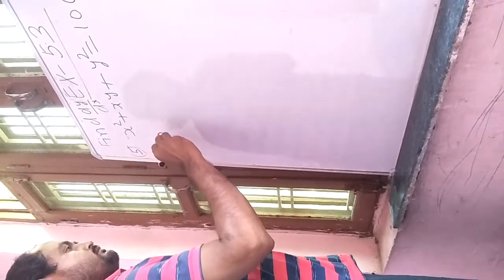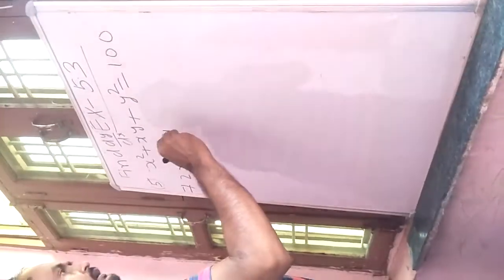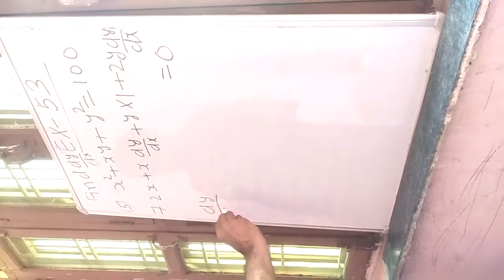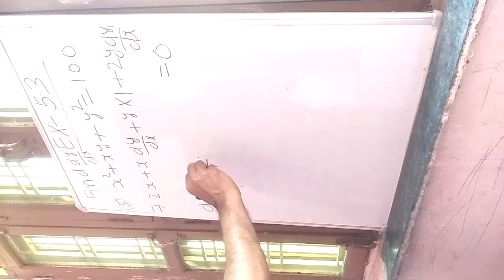So this is 2x plus x into dy by dx plus y into 1 plus 2y into dy by dx equal to 0. This is constant. We have to take dy by dx common.